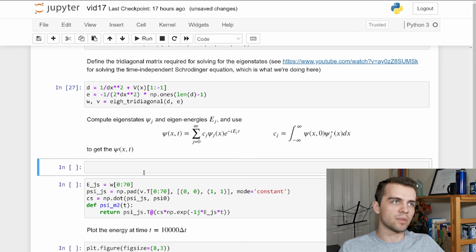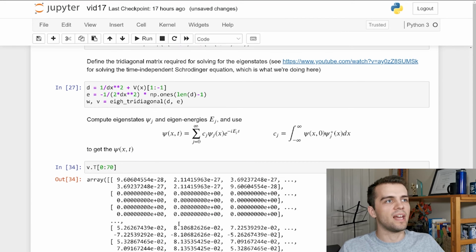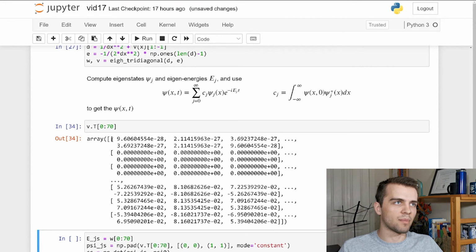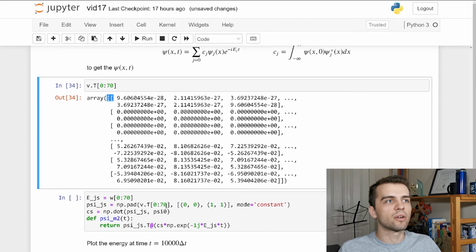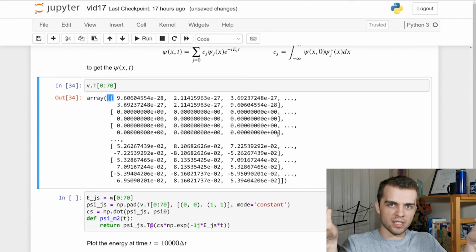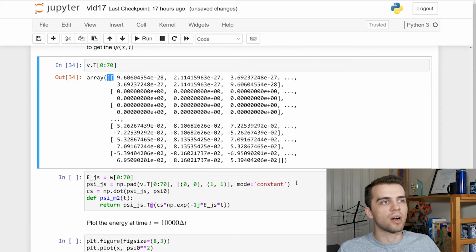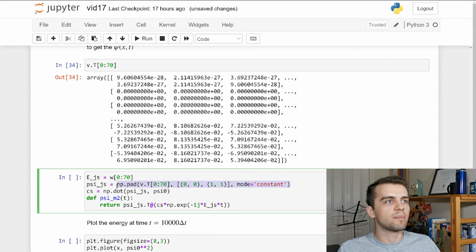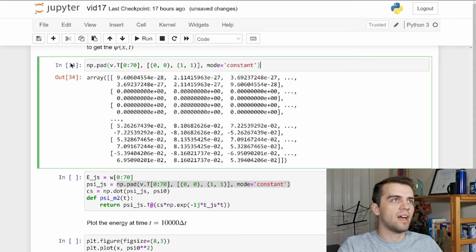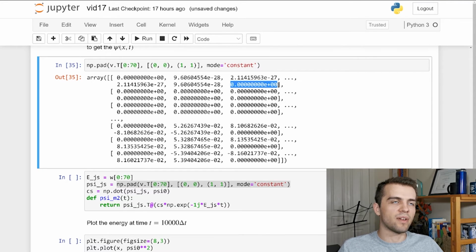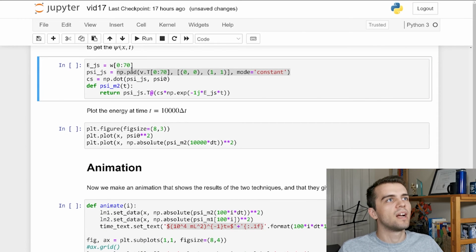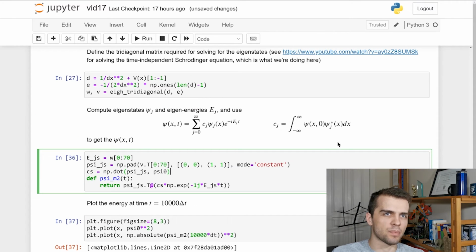So for example, if I just look at this, it has all my energy eigenstates, but I'm not including the first and last point. In order to put a 0 and a 0, because of course that's the boundary conditions of this problem, I can do this np.pad method, and you'll see that that adds a 0 at both the front and the end of every array here. And so the c's can just be solved like this.